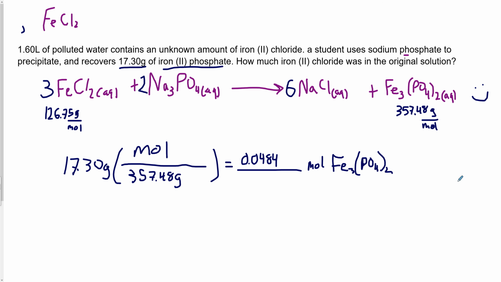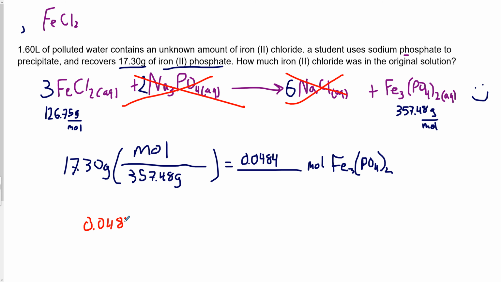Now I've got moles of Fe3(PO4)2. I need to use the mole ratio between the two chemicals that I care about. Remember, I don't care about the sodium containing chemicals. The sodium phosphate was there just to carry the phosphate so I could precipitate. And sodium chloride is both the Na+ and the Cl-. Those guys are spectator ions. I don't care. So I only care about the things containing Fe. So I'm going to go in with my number of moles of Fe3(PO4)2, so 0.0484 moles.